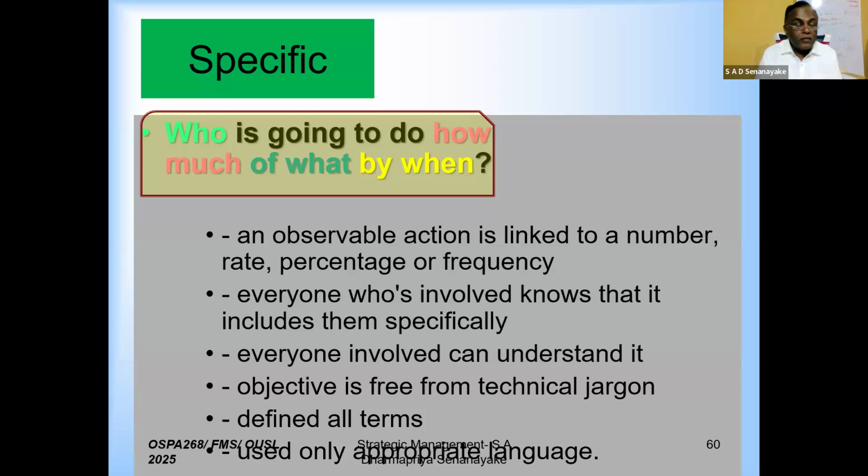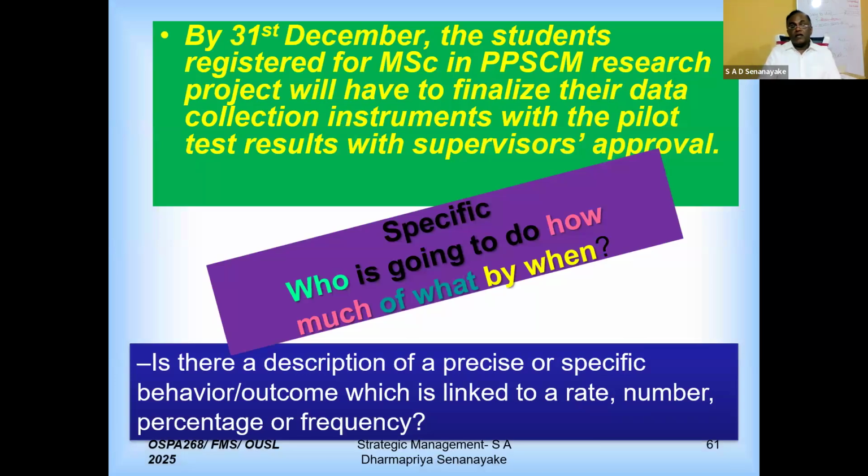People in the organization or the department or the division can understand it very well. One example: the research project has to be finalized, the data collection and so on, by a certain date. This is not an actual date, this is an example that I put down.